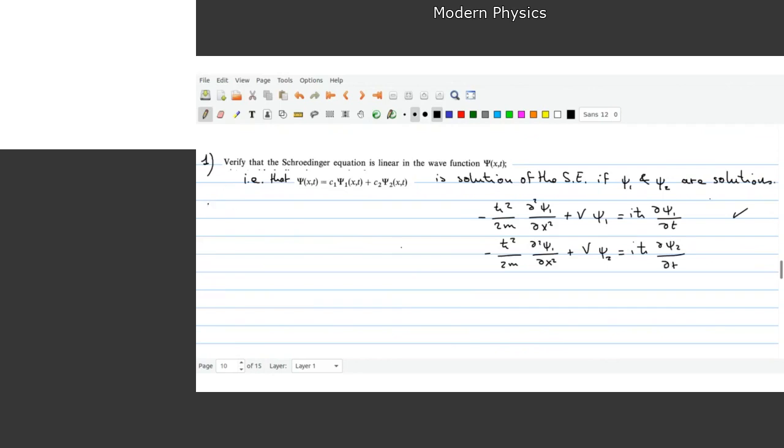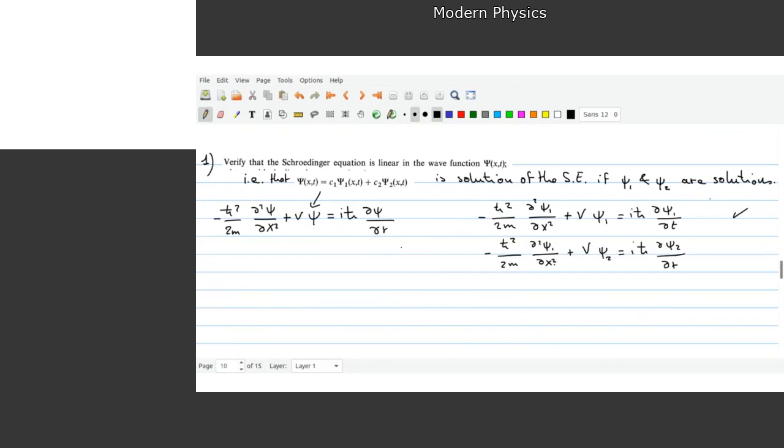And when you want to show that this linear combination is also a solution, what you have to show is the same thing: that minus h bar squared over 2m d2 psi over dx2 plus V psi is equal to i h bar d psi over dt.